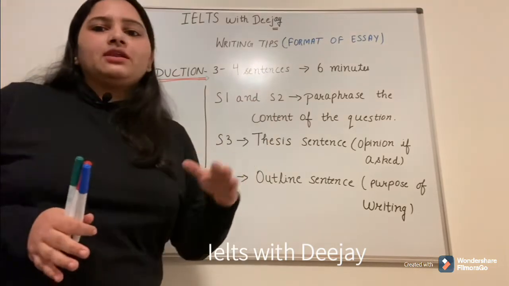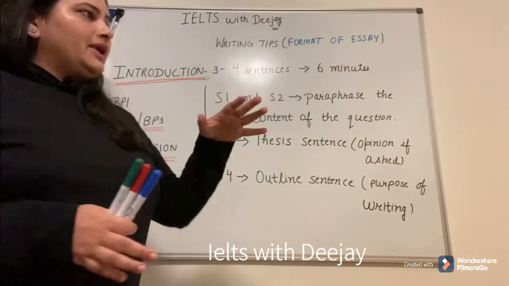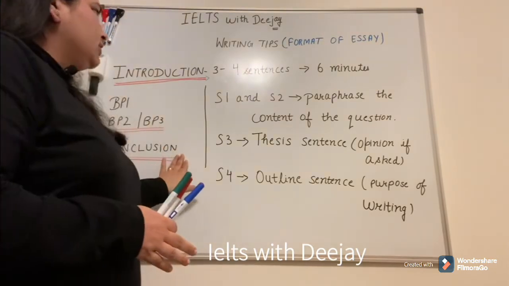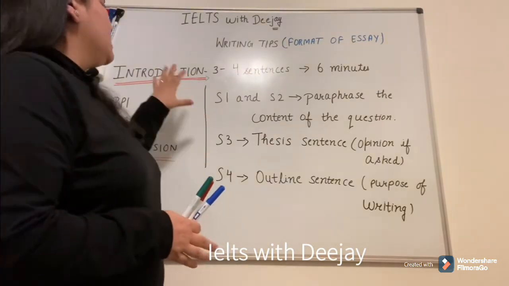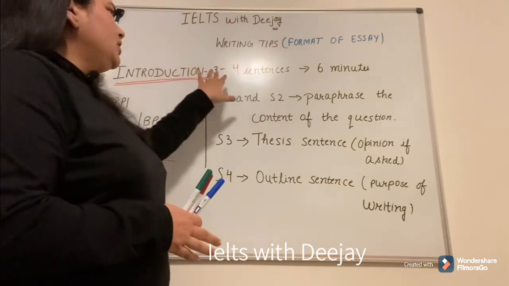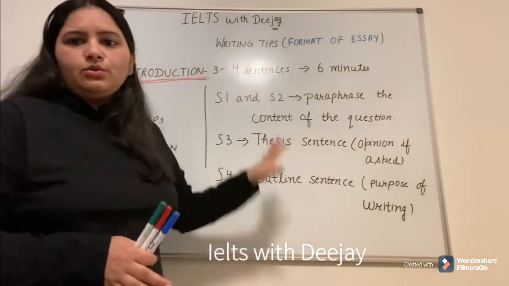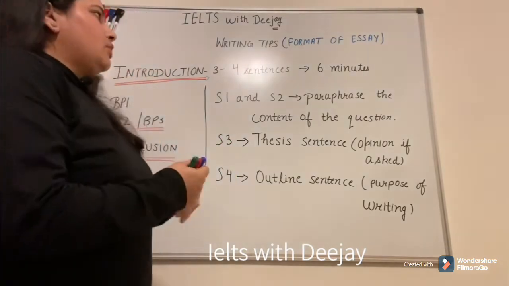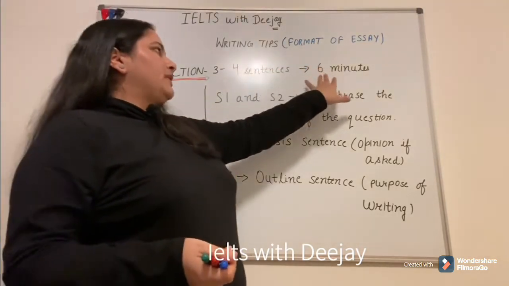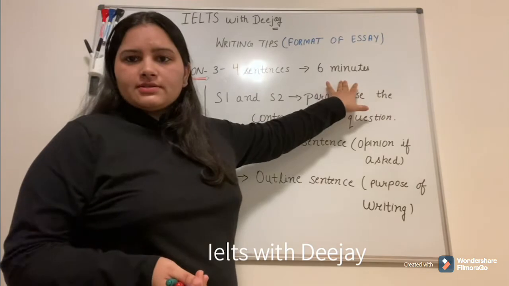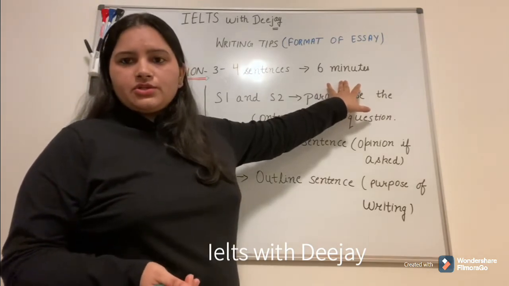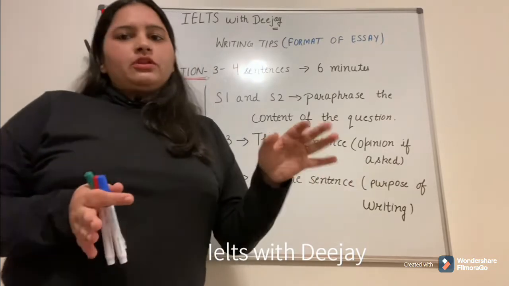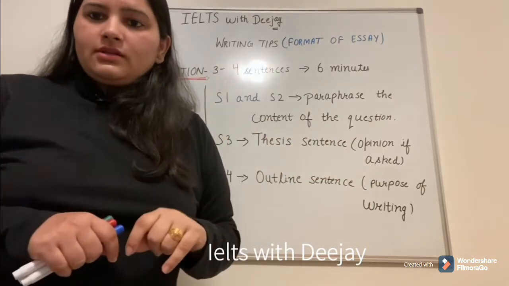So we will segregate the time, how we will be writing the introduction, BP1, BP2 and the conclusion. The introduction should be of 3 to 4 sentences only. It should not be so long. I always suggest that we should spend only 6 minutes for the introduction. 4 to 5 minutes should be for the planning before we start writing the task.